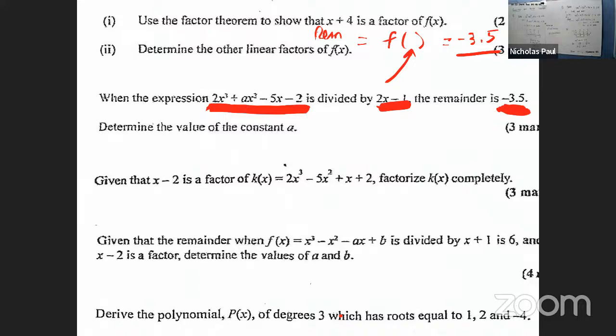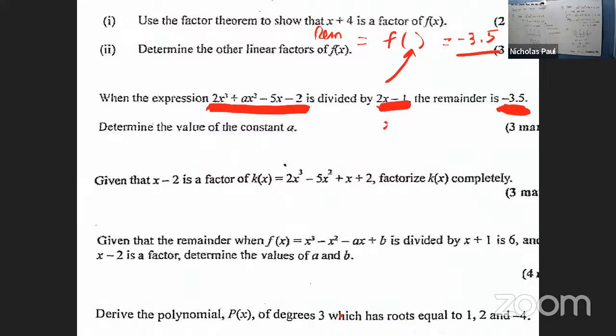What value goes in there? We've been doing this all the time. What value goes in there to give you the remainder? This time you know what the remainder is, right? What value goes in there? 1/2.